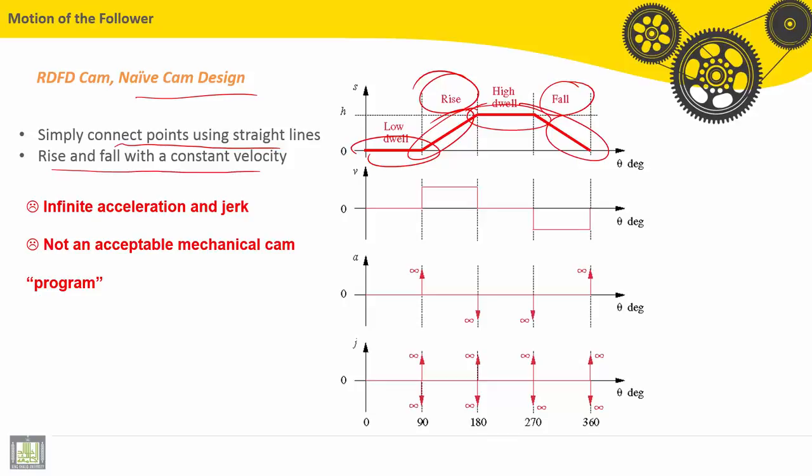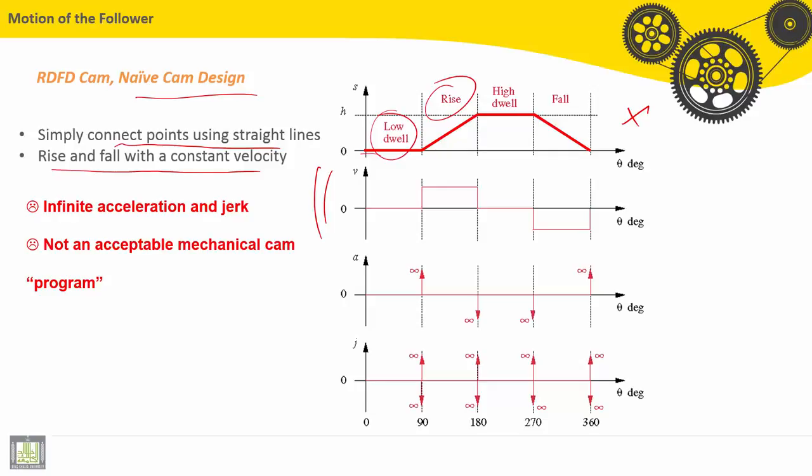If the position is like that, it includes, for velocity, between low dwell and rise phase, a sudden increase in velocity here. Here a sudden decrease in velocity, and here too. And velocity is constant here for all phases.